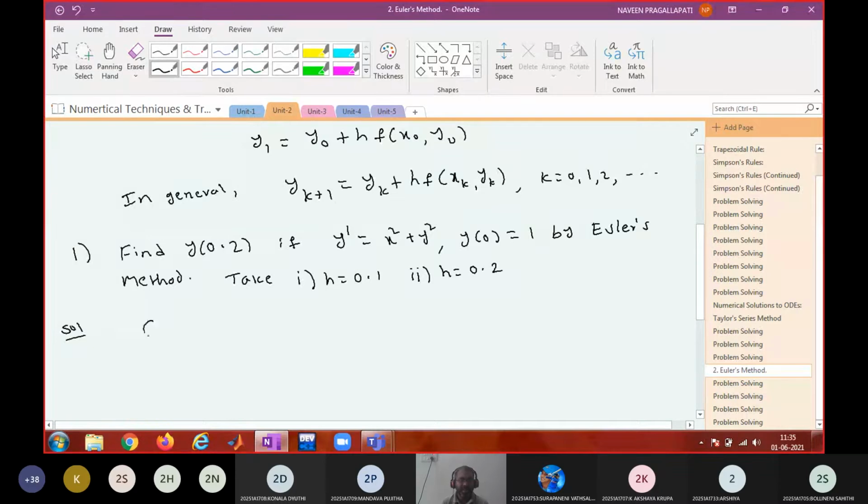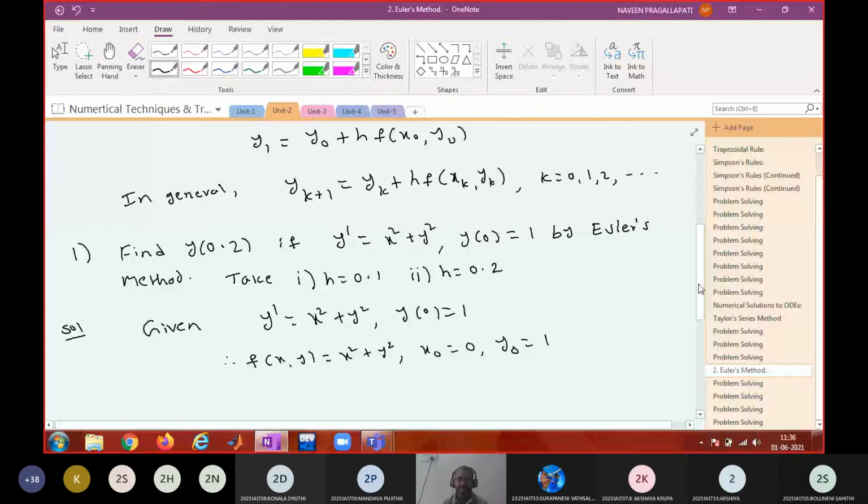First you identify what f, x naught, y naught are from the given data. y dash equals x square plus y square with the condition that y of 0 equals 1. Therefore f of x comma y is x square plus y square, x naught equals 0, y naught equals 1.